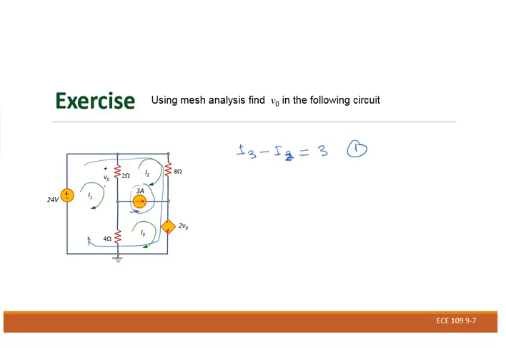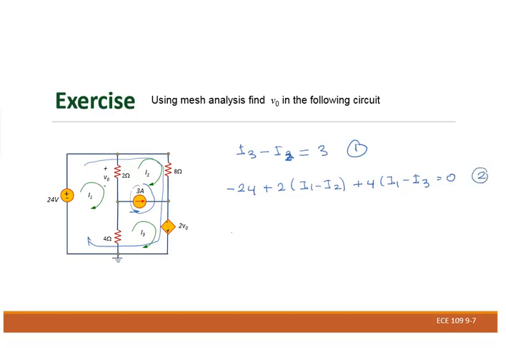The second equation we can write from the mesh equation for I1, which is negative 24 plus 2 times (I1 minus I2) plus 4 times (I1 minus I3) will be equal to 0. This is equation 2. We can simplify this one.